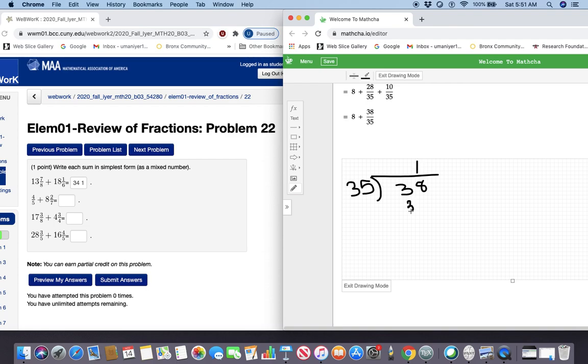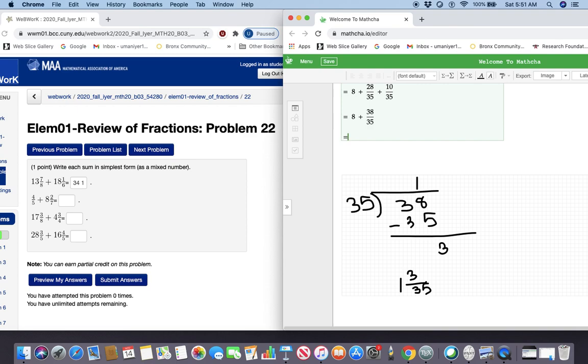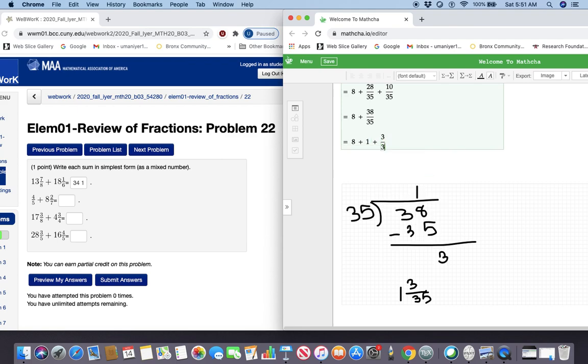Only once. So you are going to subtract. That's a 3. So the whole part is 1. The fractional part is with the remainder. Keep in mind, the denominator continues to be the denominator. So all of this is equal to 8 plus whole part 1, and the fractional part is 3 over 35.